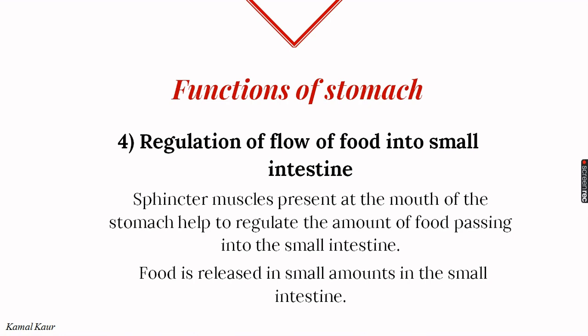So after some time they open and some more food is passed into the small intestine and then they close. So basically with the help of sphincter muscles, the stomach regulates the amount of food passing into the small intestine. That is, food is passed in small amounts after small intervals into the intestine.